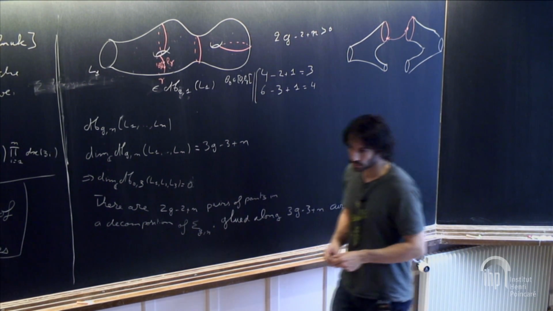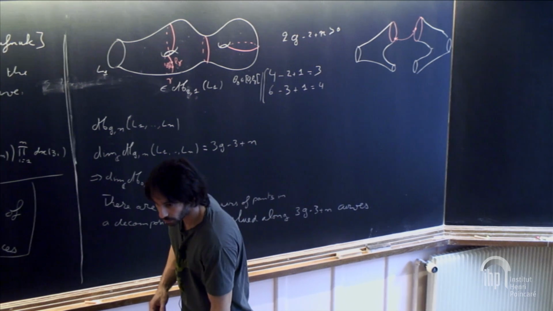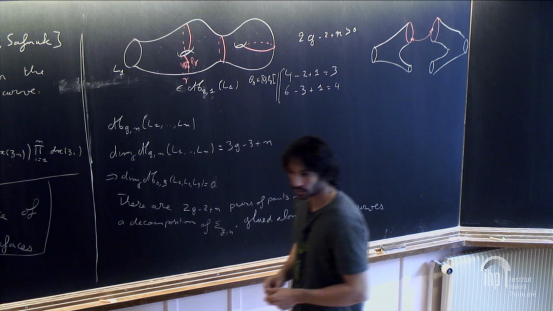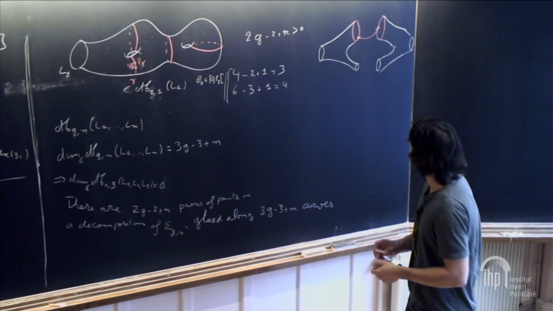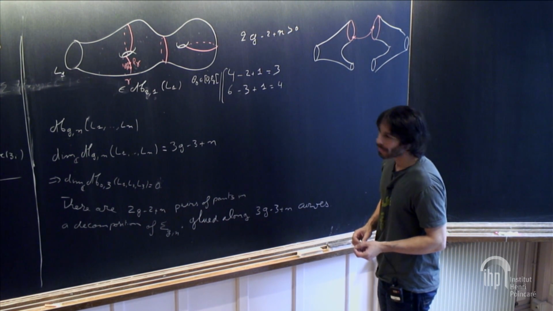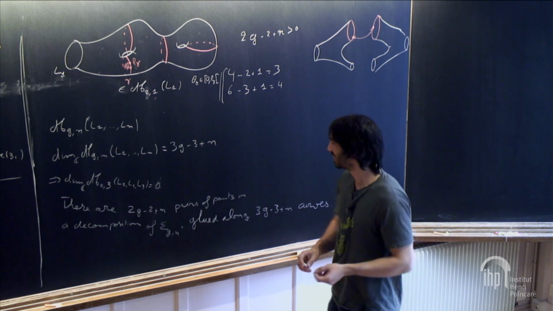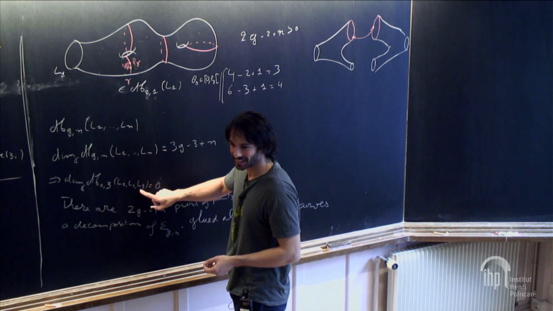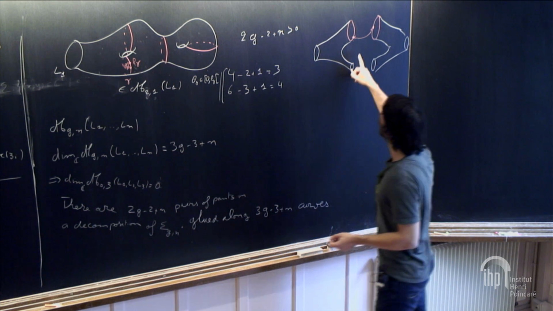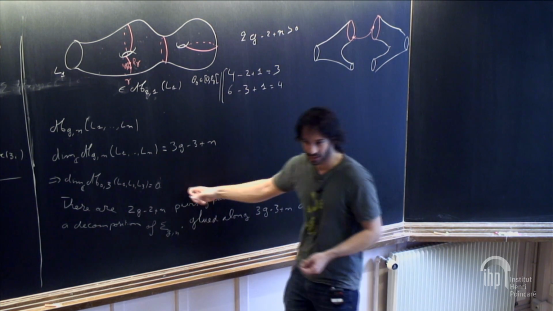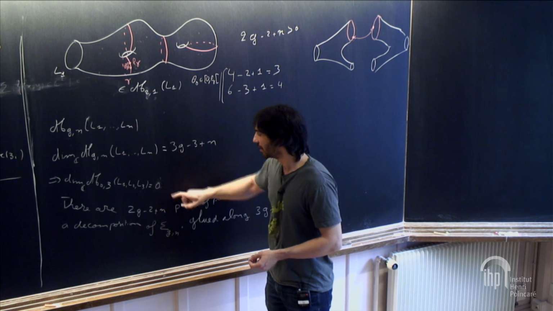Before you said 0, 3, L1, L2 point. But now you're also marking the point on each. Is that the same? Yeah. So this is the moduli space without marking. A priori, you would have some S1 to the power 3, which would come from there.